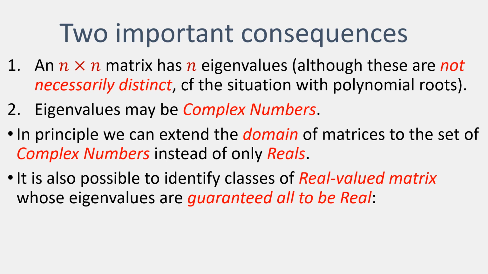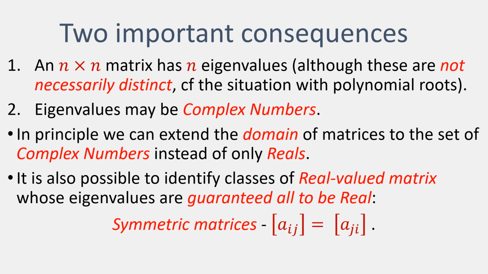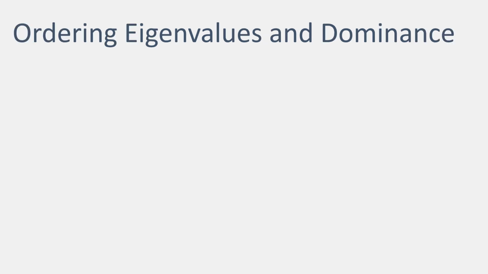It is possible to identify classes of real valued matrices whose eigenvalues are guaranteed only to be real. One particular case of those is the class of symmetric matrices. These correspond to matrices arising from undirected graphs.